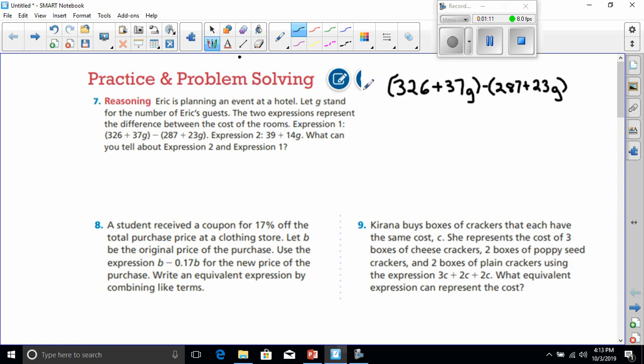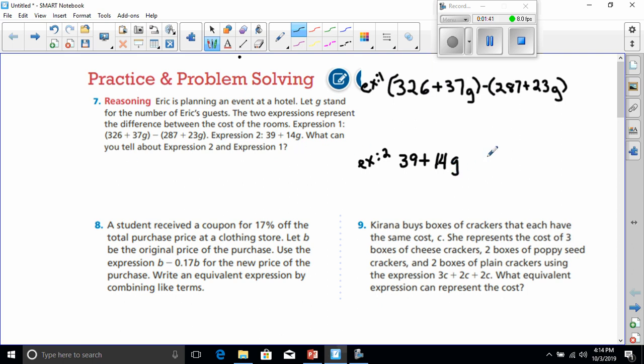So this is expression 1, and this is going to be expression 2: 39 plus 14G. What can you tell us about expression 1 and expression 2?